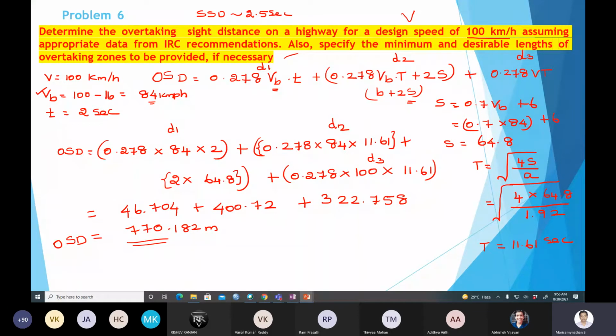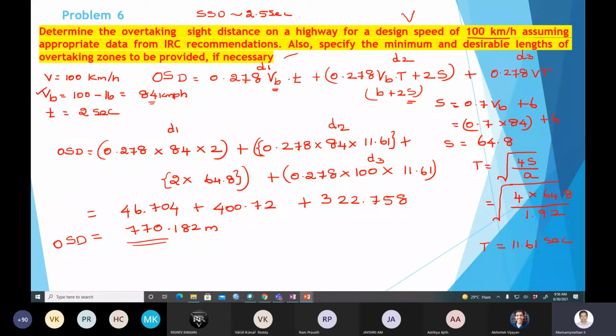For example, a 10-kilometer road in a narrow stretch where overtaking is highly difficult. In that case, we might break it, and after the first 2 kilometers, we exclusively provide the overtaking sight distance by widening the road or other facilities. Where the road cannot provide the overtaking sight distance in the default design, as transportation designers and planners, we provide the overtaking zone.